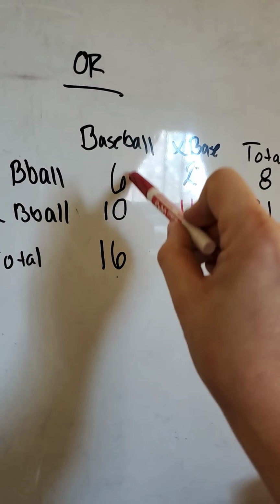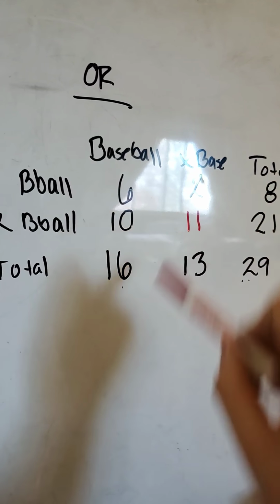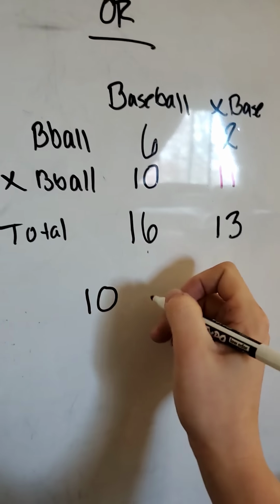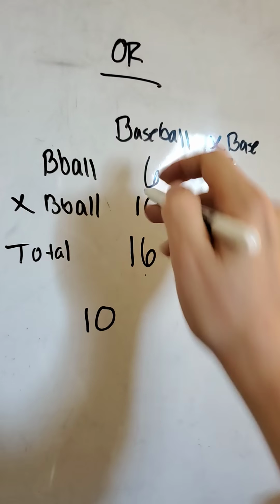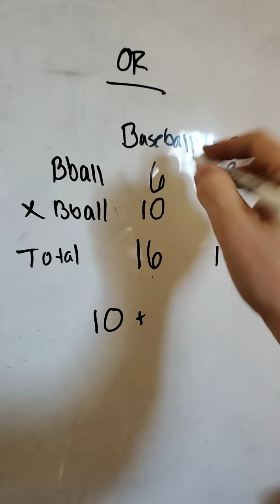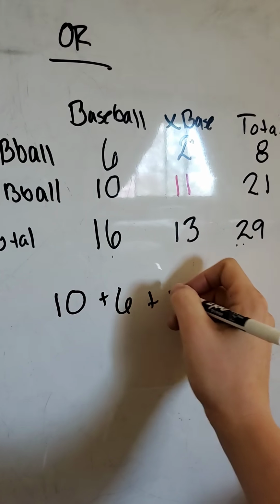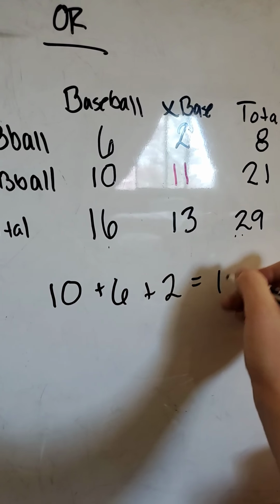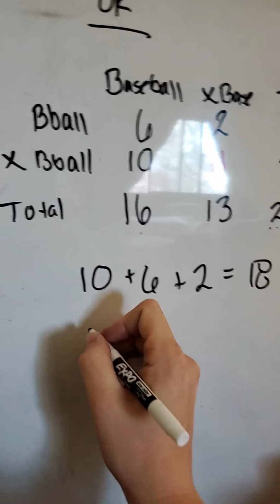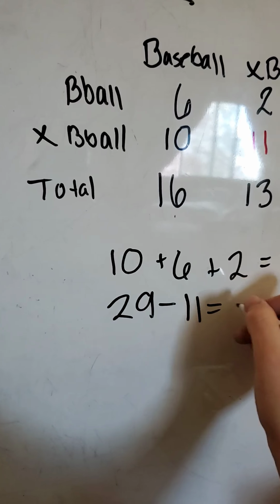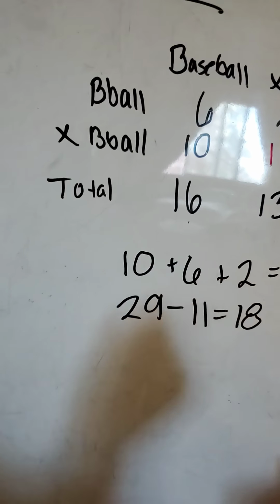So 10 plus 6 plus 2, which is 18. So 10 people that play baseball plus 6 people that play both plus 2 people that play basketball, that's 18 students. It also happens to be our total number of students minus how many people don't play a sport.